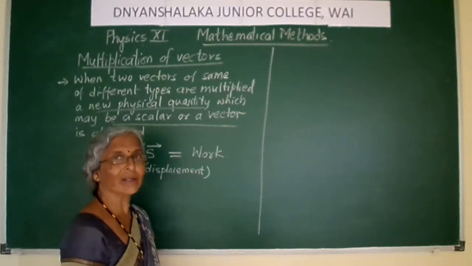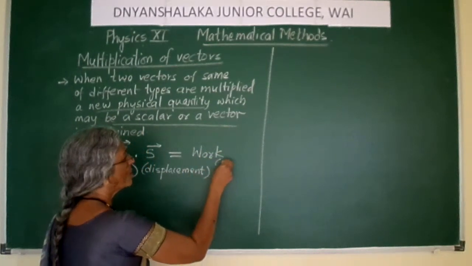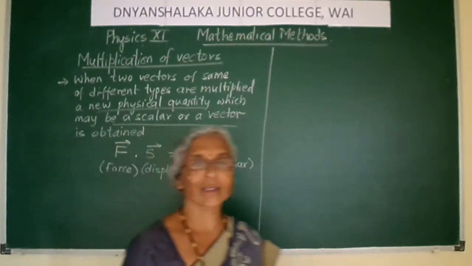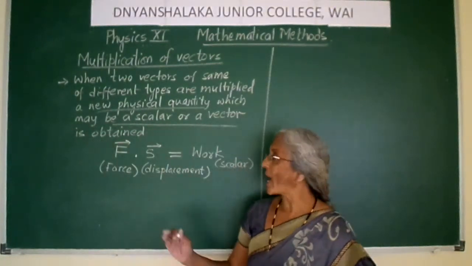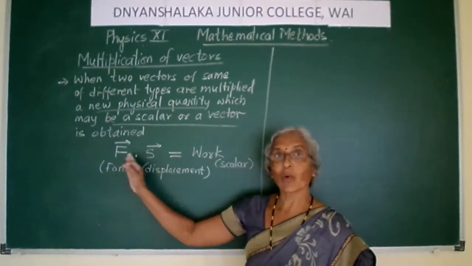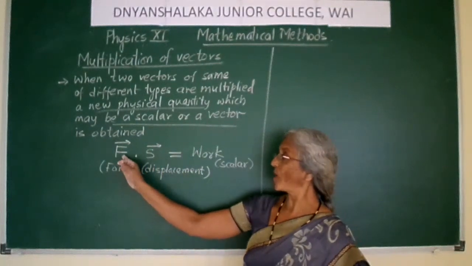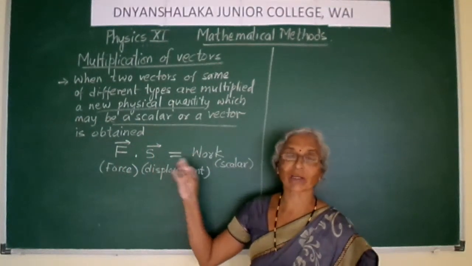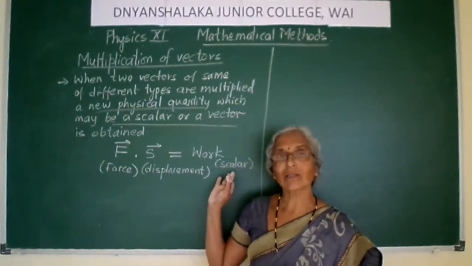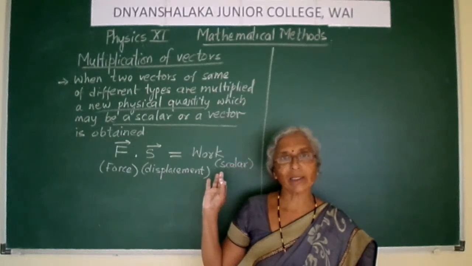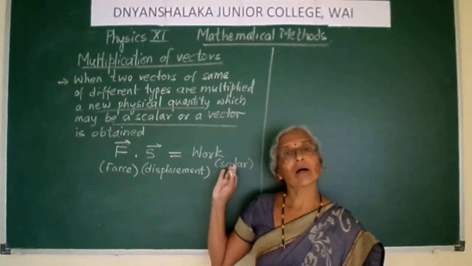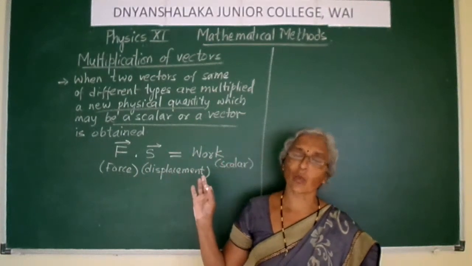Work is a scalar quantity. So when I multiply force and displacement, both are vector quantities, I will get a new physical quantity, that is work, which is a scalar quantity. Are you getting it? So force vector into displacement vector will give me a scalar quantity, that is work.